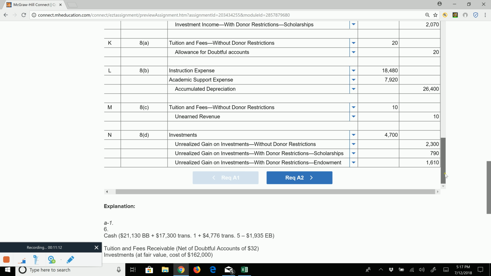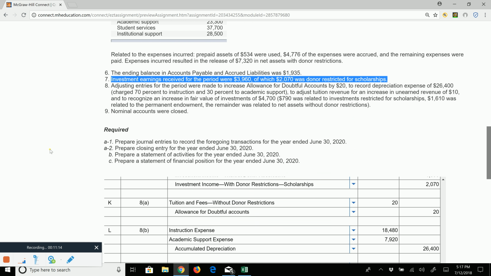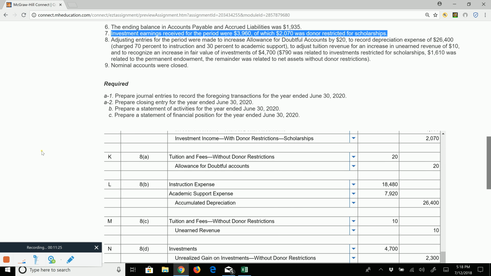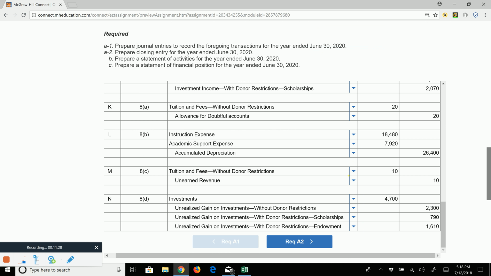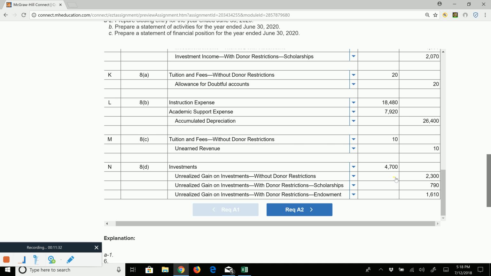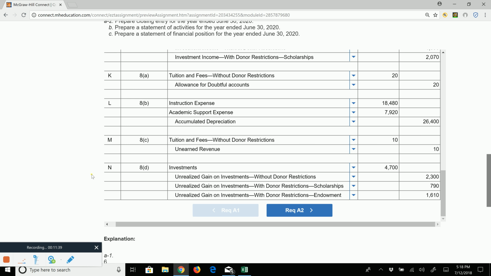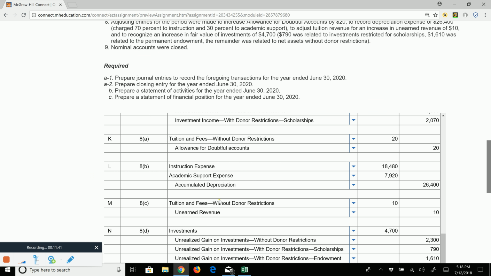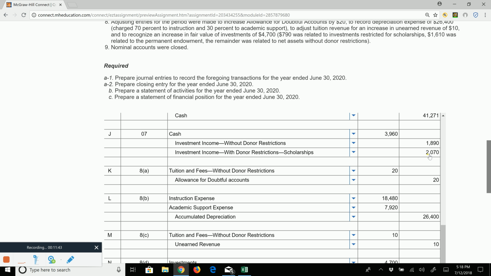Okay, and according to the breakout, 2,070 of it was donor restricted for scholarships. So when we take a look at this, we can see that we're going to break up our investment increase as follows. So I'm sorry, I'm in the wrong one. Where are we? Here we are.